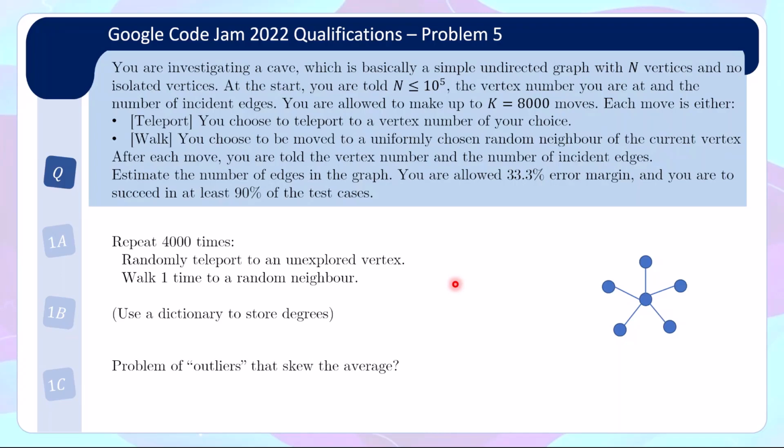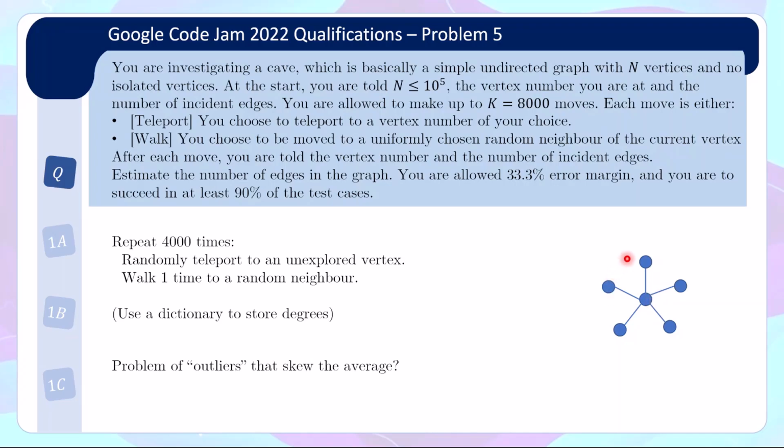If you think about the example of the star again, we have maybe 3,999 samples of degree 1, and then 1 sample of degree 99,999. So if we take a simple average of the sample, that outlier of 99,999 degree will pull up the average so much that it will again skew the data in the other direction.